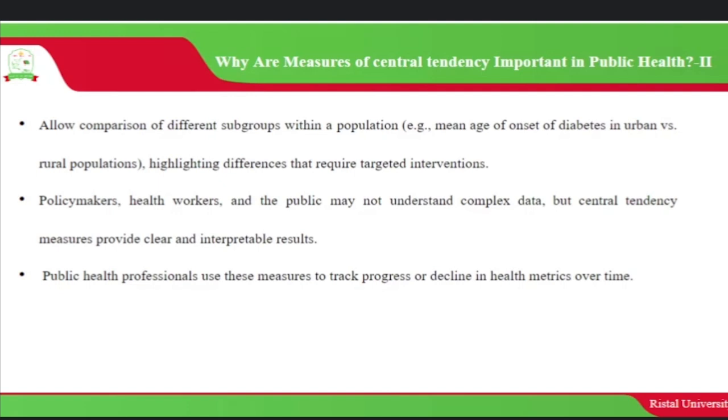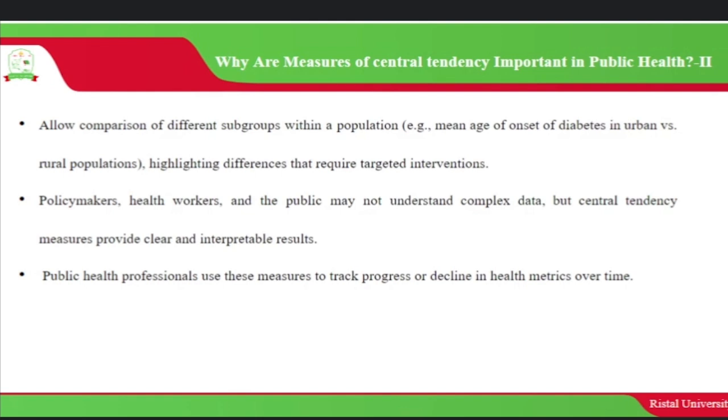We can look at the education level and how it varies in urban areas and rural areas. Teenage pregnancy, how it varies within different regions in South Sudan. Immunization uptake, how it varies within different regions, within different age groups, among others.